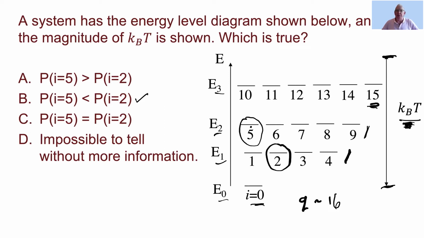If we actually calculate it, it's probably a bit smaller than 16 because the population is still somewhat heavily shifted towards the bottom. But overall, that's a pretty good guess of what the partition function would be if we didn't have the wherewithal to actually calculate it.